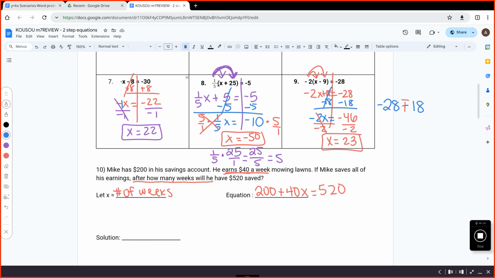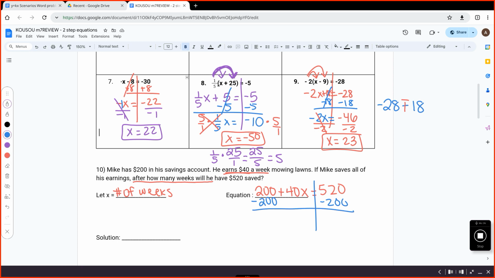All right, now we can draw the river or the stream and solve. So subtract 200 on both sides because you'll notice that this is the one without the variable, right? The 40 has the x attached to it, so we're not going to touch that yet. You always want to move the one that doesn't have the variable, the constant, right?